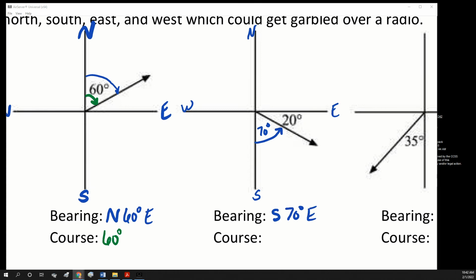South, 70 degrees east. And then for the heading or for the course, remember it's clockwise from the north, or clockwise from 12 o'clock. We know that from here to here is 90 degrees, and then we have 20 more degrees added to that. So it's going to be 110 degrees.